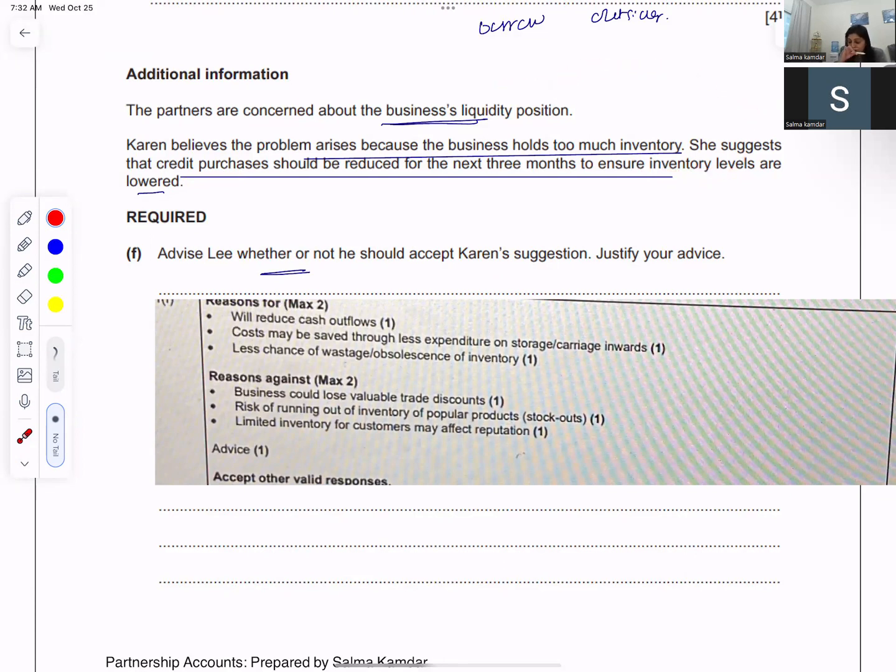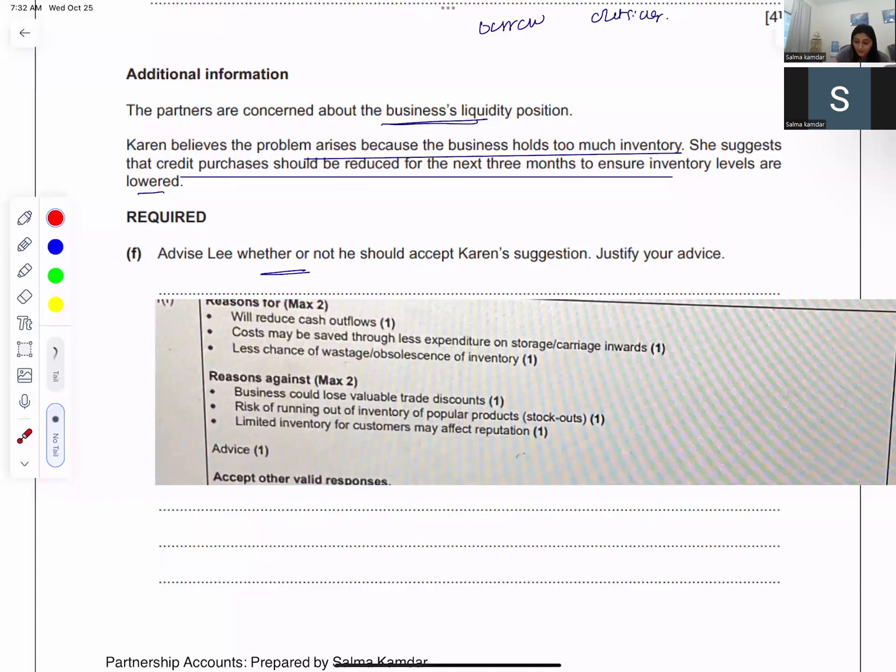What will be the benefit? If I reduce purchases, I reduce cash outflow and can save cost, because with lower inventory there will be less storage cost. There is also less chance of wastage and obsolescence.